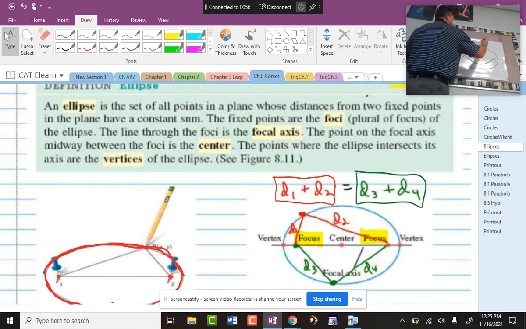This eccentricity, which we just use the letter e for, is closer in this case to the number 1. And I'll show you that with our formula. The more elliptical it is, this is true.